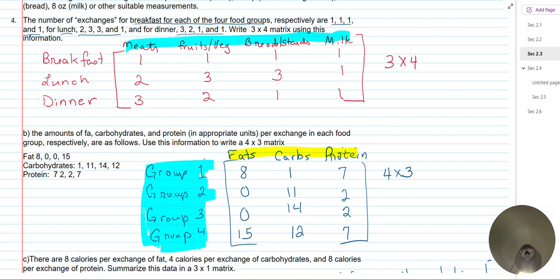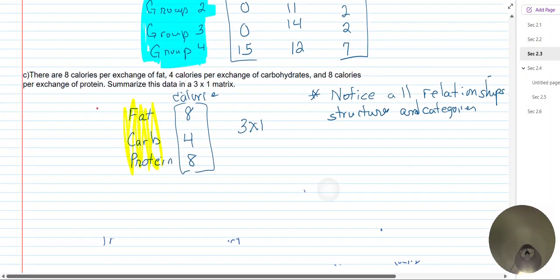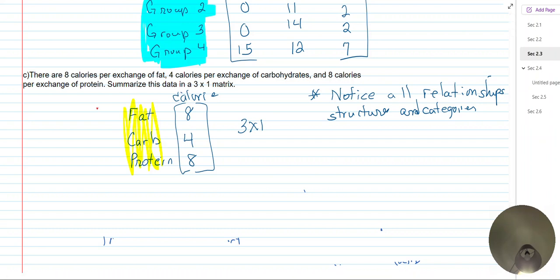Here it was type that was the category. And over here it was calories for that same content we had in the previous one. So then we notice that this structure will be important when we multiply matrices.